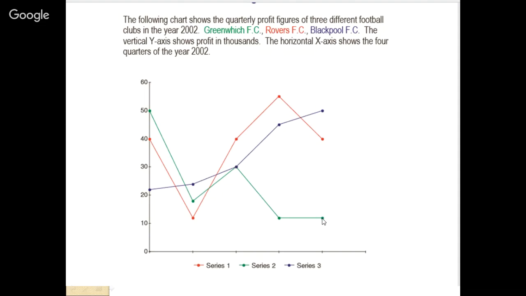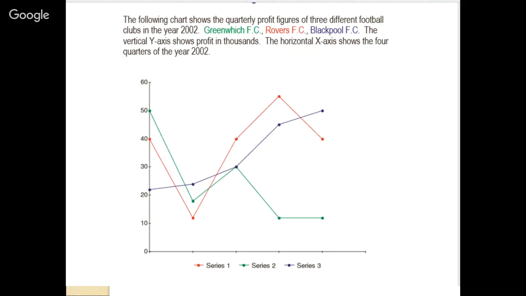Now, let's just look at the figures that we have for Greenwich FC. So you guys have 50, 18, 30, 12, 12. Everybody, you have those with me?